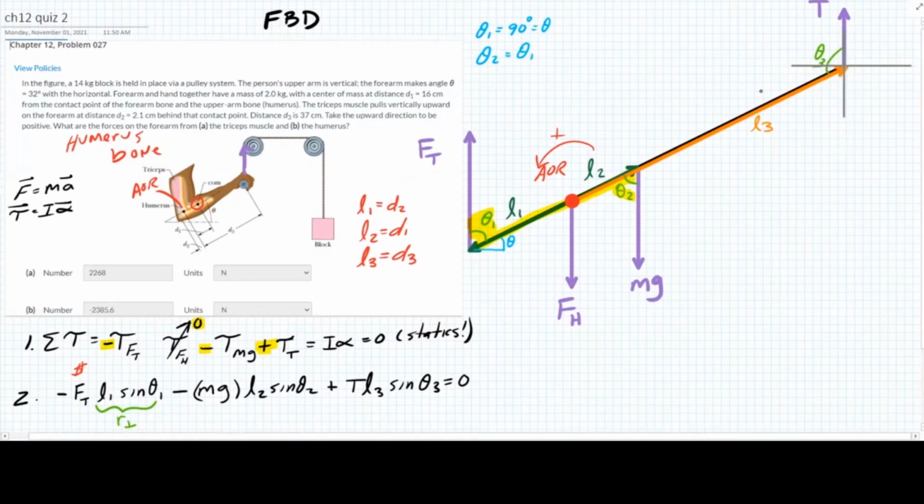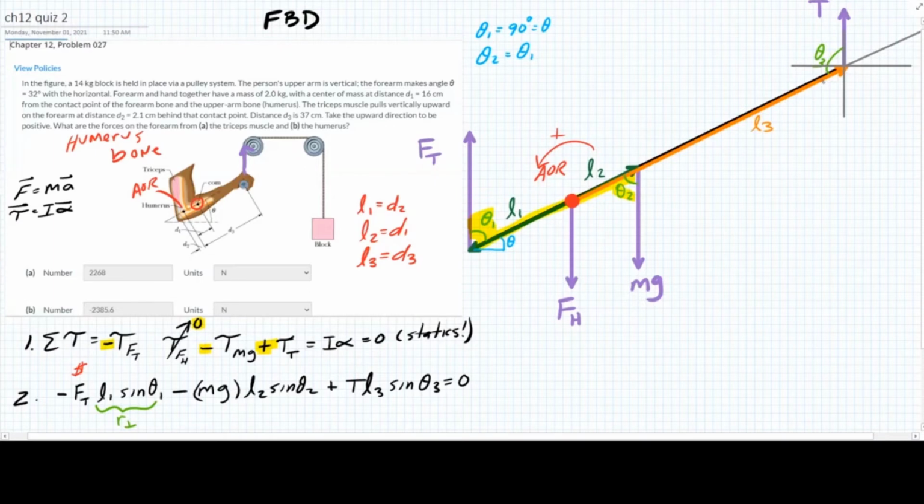I'm always doing stuff like this just to give myself some perspective. Well, okay. Can I find theta 3? Yeah, I can.